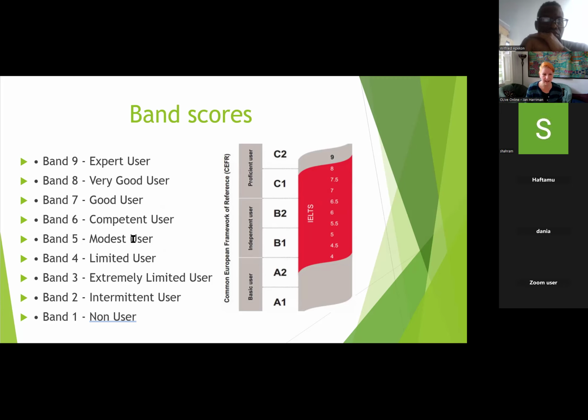So most of us will be looking for band 5 to 7, right? So this is really our area here. And that you will see corresponds with the CEFR, the Common European Framework. Right. Oh, let's mute.